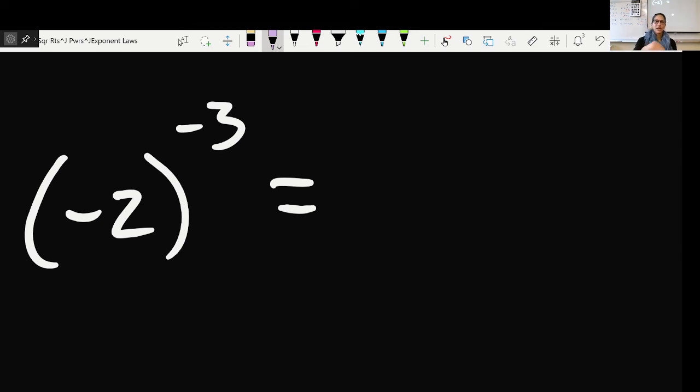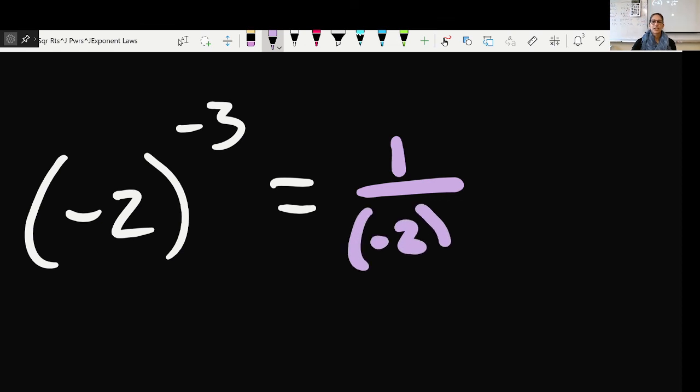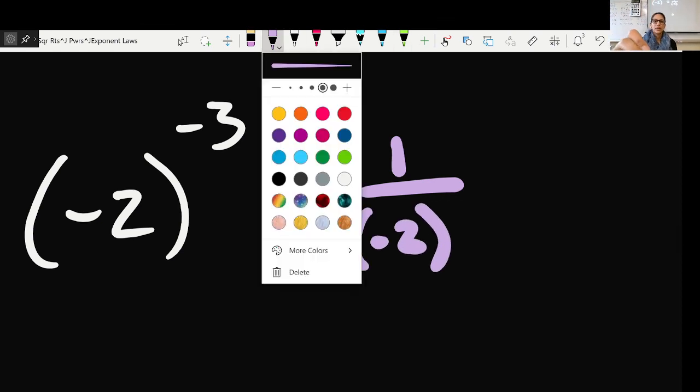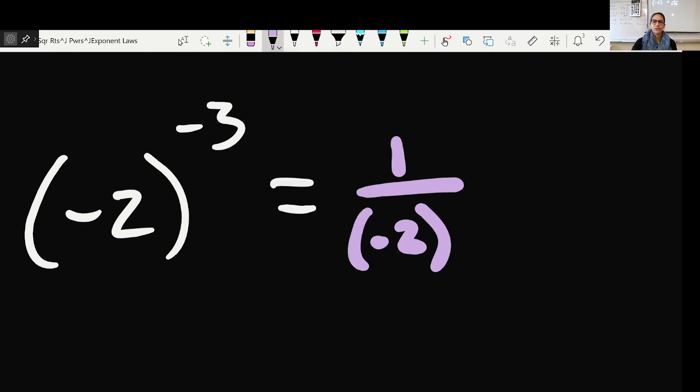Then, if I want to make this exponent positive, how do I rewrite this? 1 over negative 2 to the positive 3. Everyone good? Positive. That's why we do this, is to turn that negative exponent into a positive. When we flip it and take the reciprocal, that negative 3 up there becomes positive.